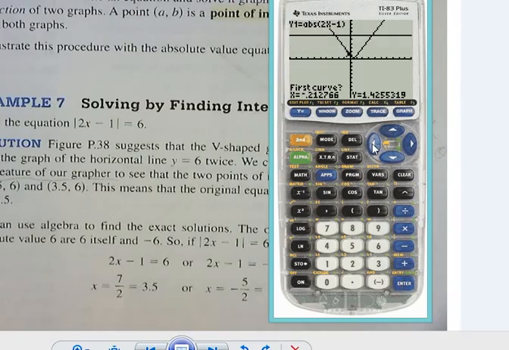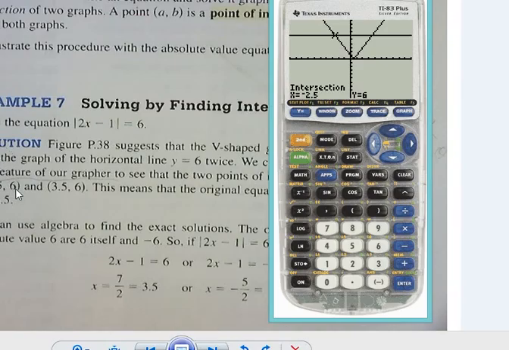And so I'm going to go a little bit to the left here, and it says first curve. Now on this one it's a little different. I just want to get as close to the intersection as I can, and then it'll say guess, and boom, my first answer is x equals negative 2.5, right?